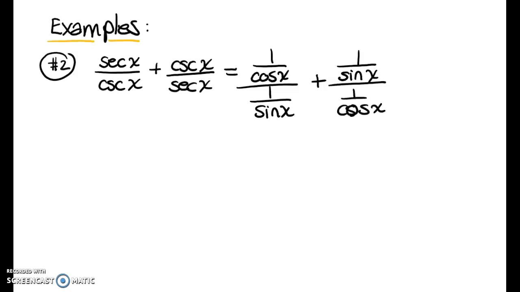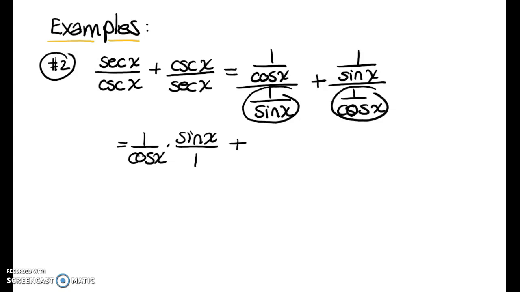All right, so now how do I simplify something like this? Well, I know that when I divide by a fraction, that's like multiplying by its reciprocal. So I'm dividing by this fraction, so I'm going to multiply by its reciprocal. Again, here I'm dividing by this fraction, so I'm going to multiply by the reciprocal over 1.